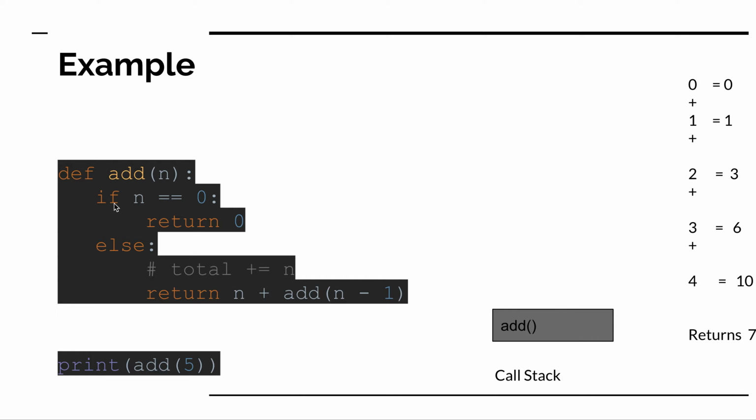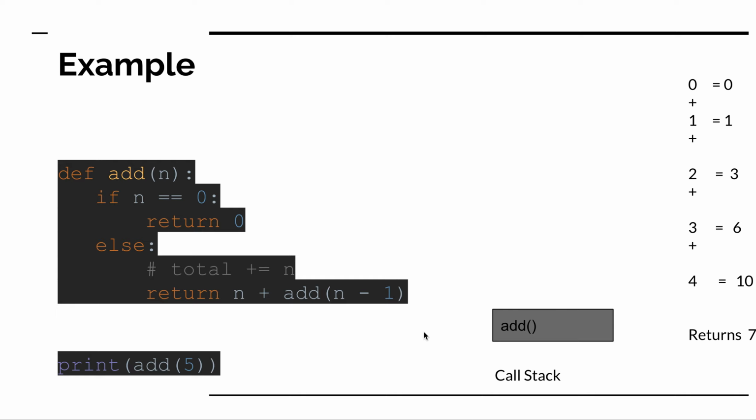This is the base condition: if n is equal to 0, return 0. Calling a function within itself is the recursion. Add n minus 1 is the recursive call, because it calls the same function with a different parameter. That's how the call stack is created.